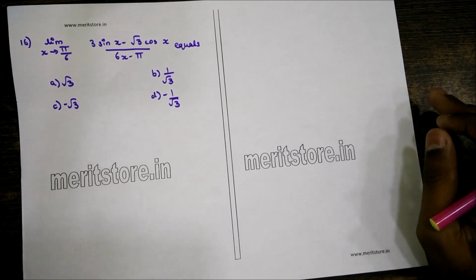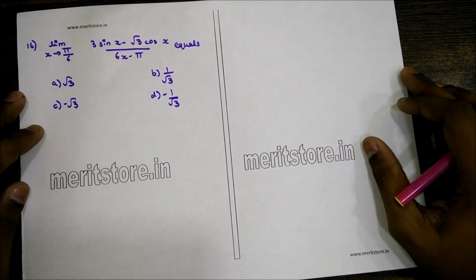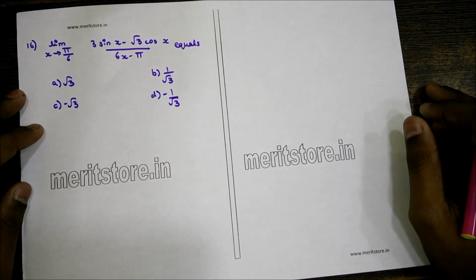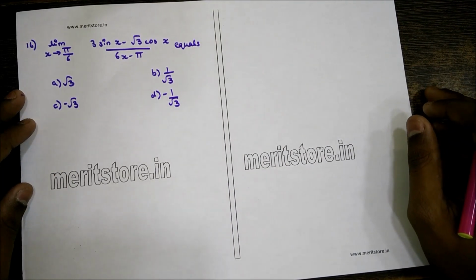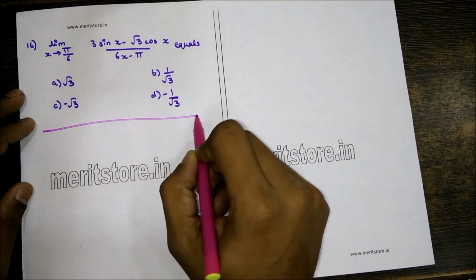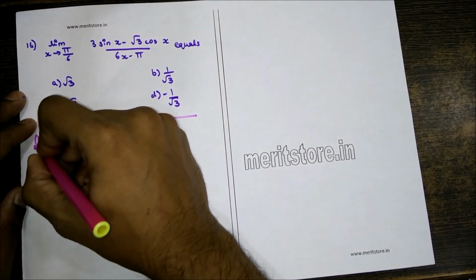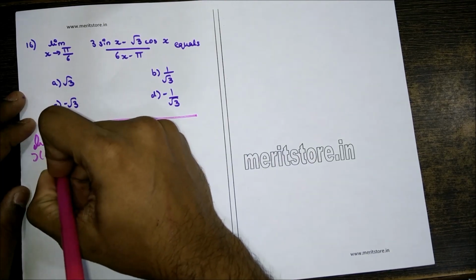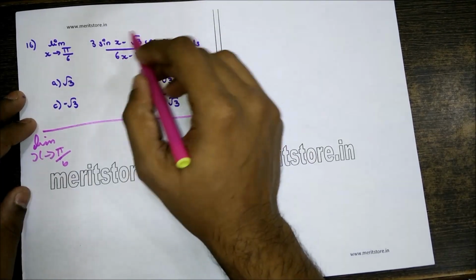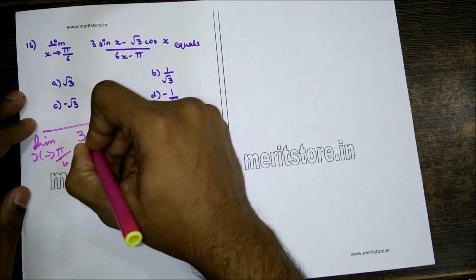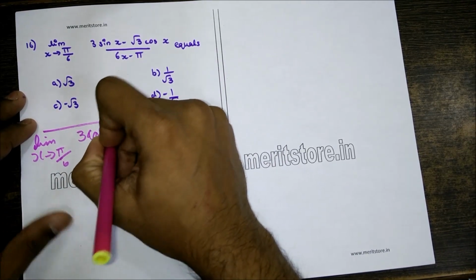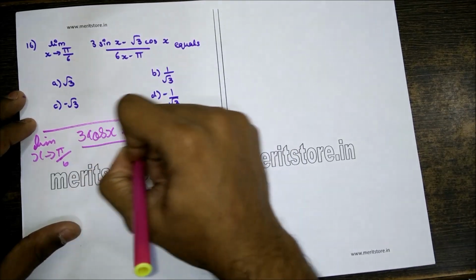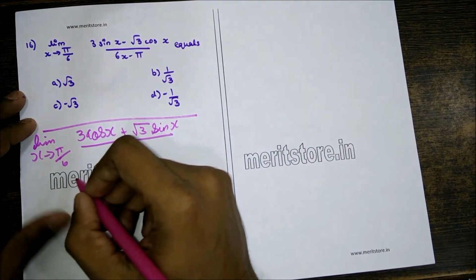Limit of x tends to pi by 6, 3 sin x minus root 3 cos x upon 6x minus pi equals: A root 3, B 1 by root 3, C minus root 3, D minus 1 by root 3. So therefore we have limit of x tends to pi by 6, apply L'Hopital's rule, giving us 3 cos x plus root 3 sin x upon 6.